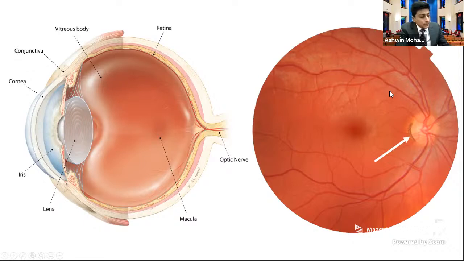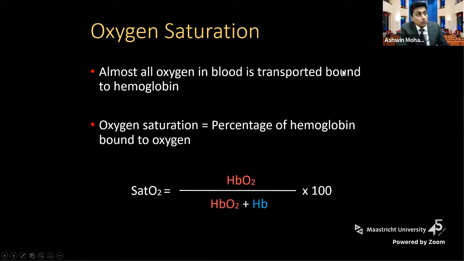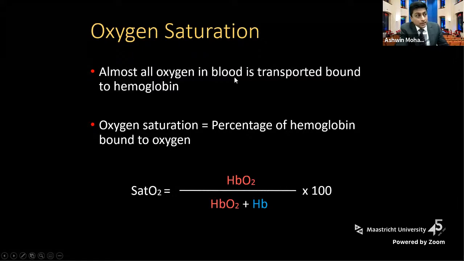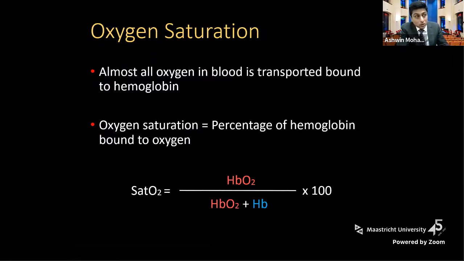So how exactly does this blood carry the oxygen? Here we are introduced to the term oxygen saturation. Blood carries this oxygen in hemoglobin. So what is hemoglobin? Hemoglobin is like small boxes inside which oxygen is carried. Assume we have got 10 boxes, and if all these 10 boxes have oxygen, blood is 100% saturated.